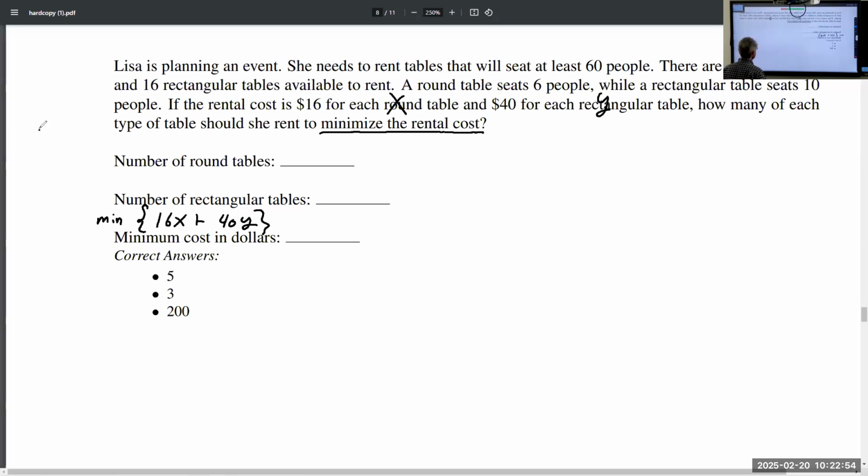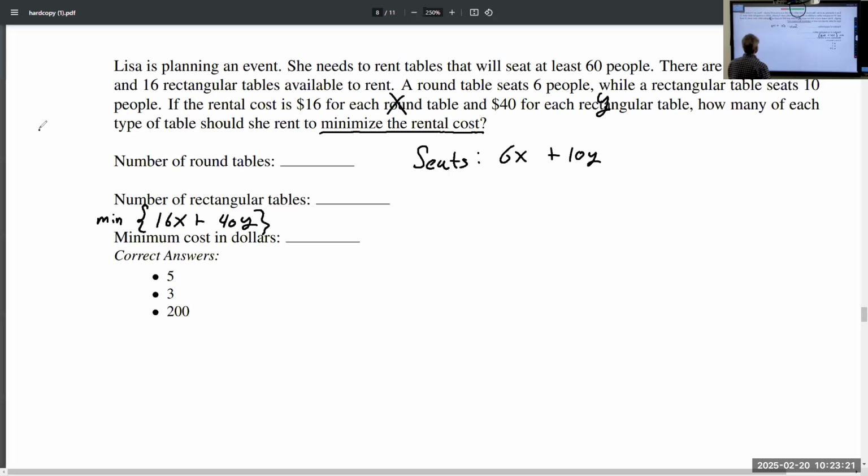We need space for at least 60 people, and there's only a certain amount of each table. A round table seats 6 people, so maybe I'll do seats. So a round table is 6 people. A rectangle table is 10 people.